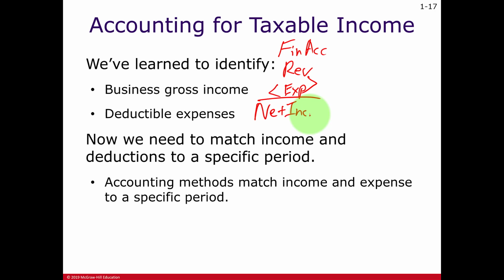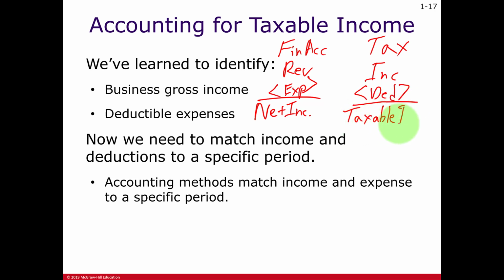But now, here in a tax class, you're learning tax rules of reporting revenue or income and the amount of expenses that you can deduct. And the difference is called not net income or net loss, but taxable income or a tax loss. And when you figure out this taxable income, only then you would multiply this by various tax rates or percentages to get the tax for the year.